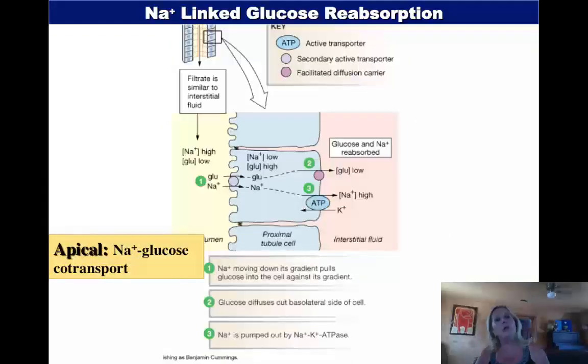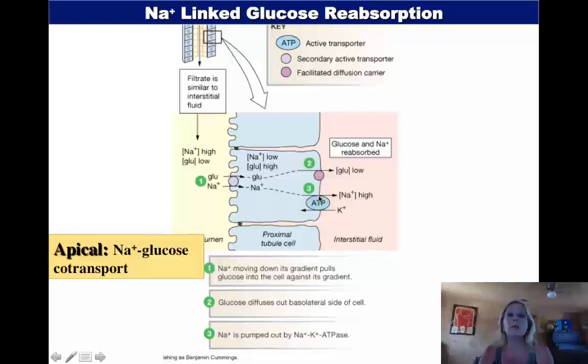Now, glucose is one of the really important chemicals that we need to reabsorb back into the system. So glucose also is going to move down its concentration gradient with sodium and diffuse into these cells.